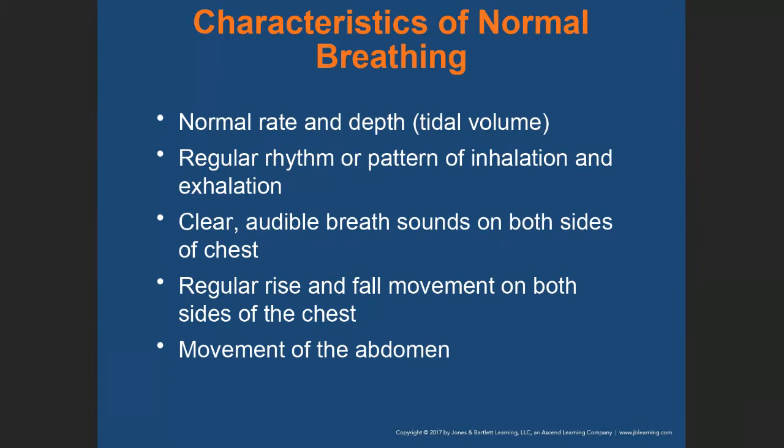Now, at this point in time, the normal breathing rate for an adult is approximately 12 to 20 breaths per minute. The younger the patient, the faster they will breathe. So adult is about 12 to 20, child 15 to 30, infant 25 to 50, right? These are approximations.